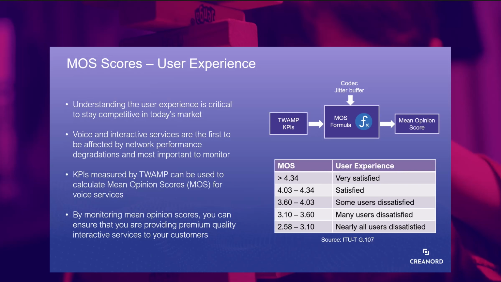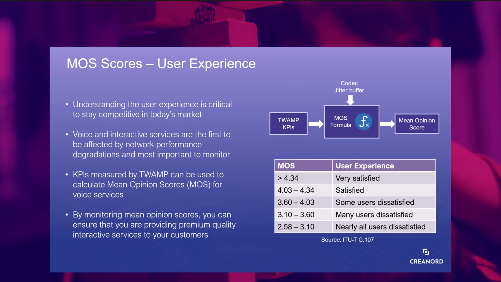But if you are monitoring these basic KPIs, like you are looking at the specific jitter, you are looking at perhaps a little bit of packet loss, you still don't really understand what type of experience the user has.